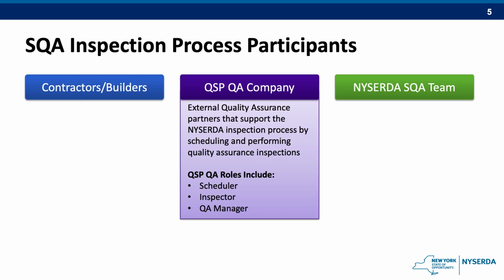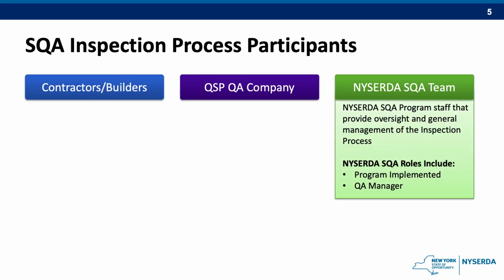In general, QSP/QA companies are independent organizations that provide these inspection services on behalf of NYSERDA and are contractually obligated to perform these duties under the general direction and management of NYSERDA. The NYSERDA SQA team is responsible for oversight and general management of the SQA inspection process. Specific NYSERDA SQA team roles include the program implementer and the QA manager.